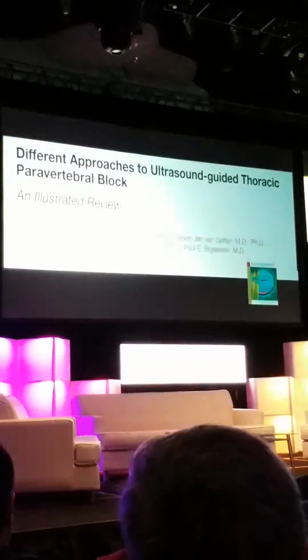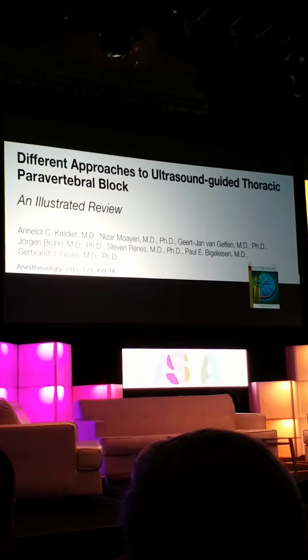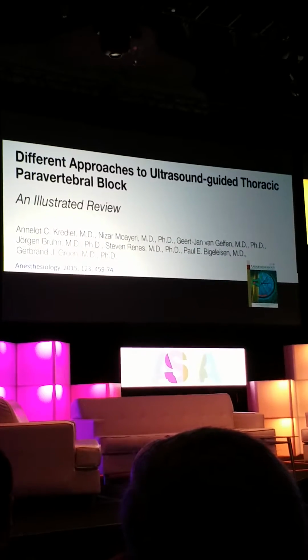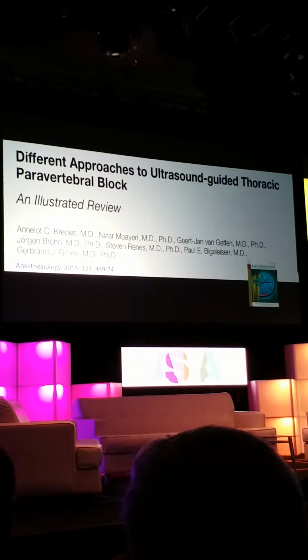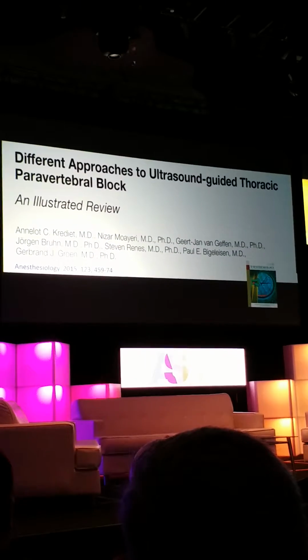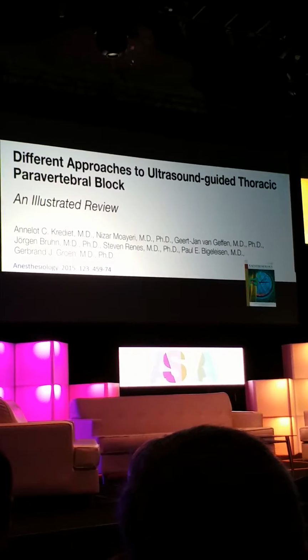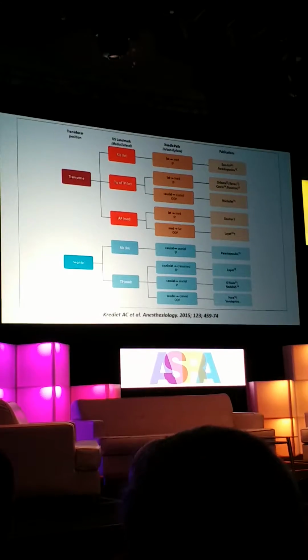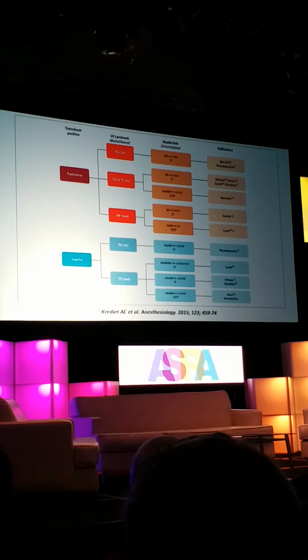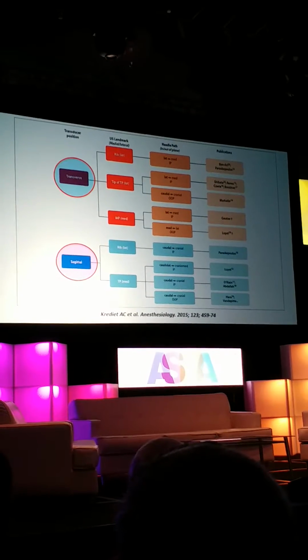Before I talk about the sagittal scan, I'd like to invite you to review a paper, and a lot of credit should be given to Dr. Krediet and his group for reviewing paravertebral block, available in Anesthesiology. As you will see here, you can perform a transverse or a sagittal scan.